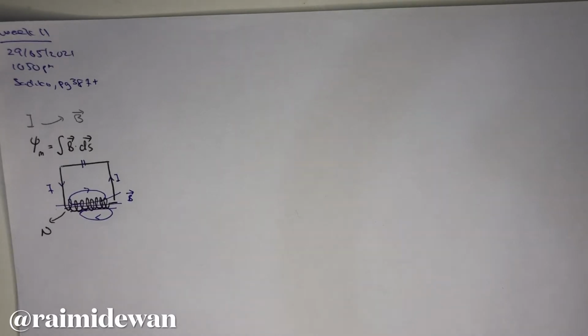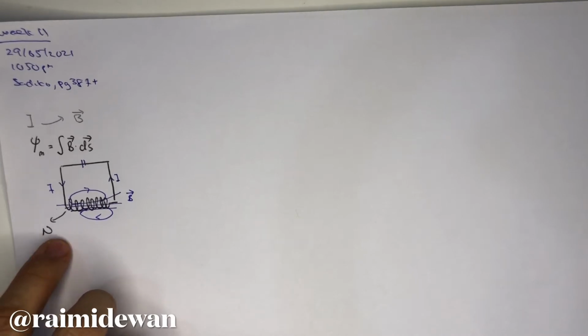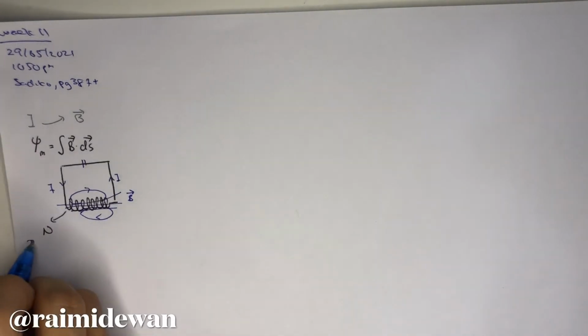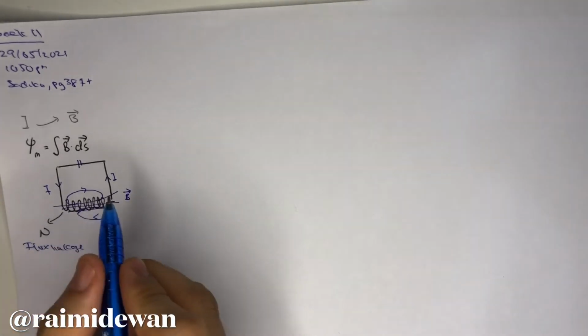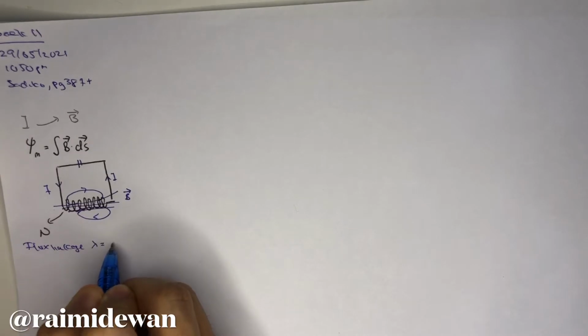So if we have N identical turns, then the flux linkage lambda is equal to N times your flux.